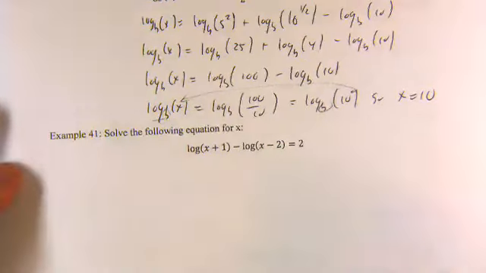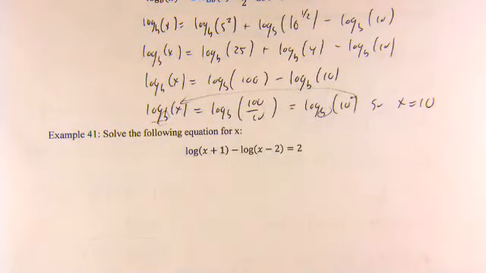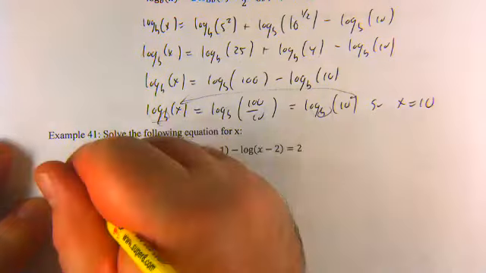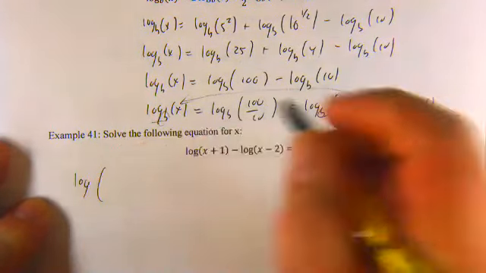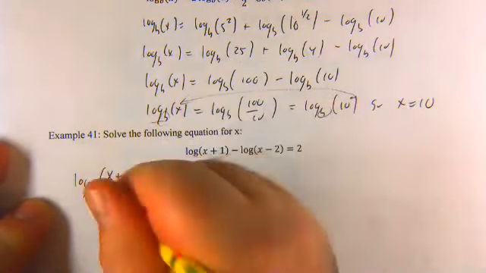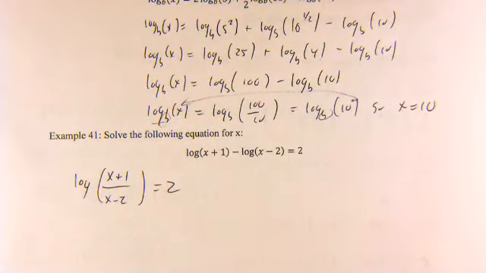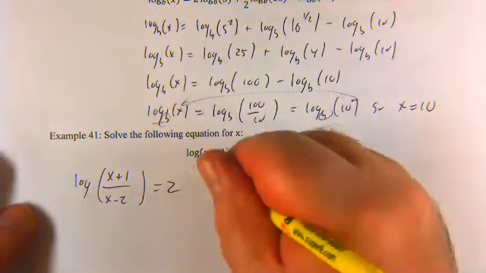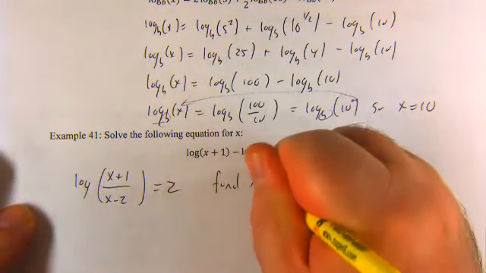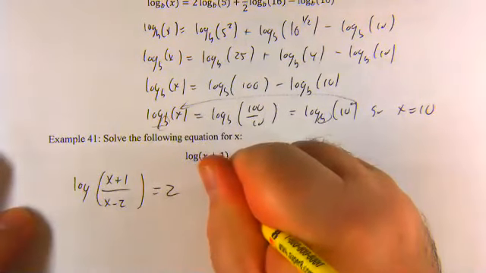This one's a little bit trickier. Log of x plus 1 minus log of x minus 2 equals 2. We can do a little bit of work here. We have that. Subtraction, you put the second thing into the denominator. We can use the fundamental rule here again, right?